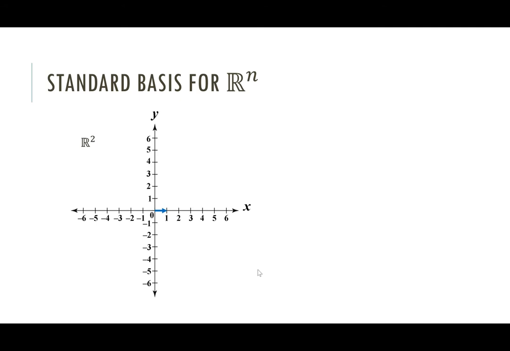In this class, it will be written vector e sub 1. And I think the e comes from Euclid, because this is like Euclidean space, but if that's wrong, you didn't hear it from me. Okay, so our first vector is this e sub 1, and our second standard basis vector, sometimes called j hat, is this vector 0, 1, which we will call e sub 2.